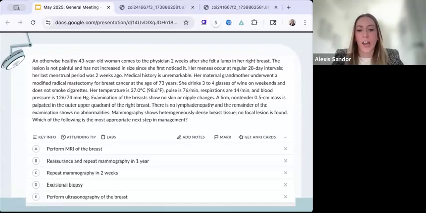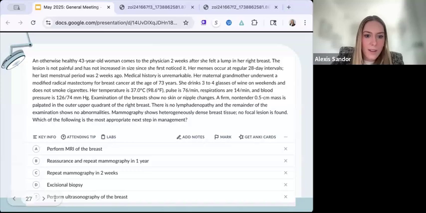You guys can answer in the chat if you're comfortable, or if you want to use your mic, that's fine too. Looks like I see one answer in the chat saying E. So we're thinking perform ultrasound of the breast. We got some mixed answers here.